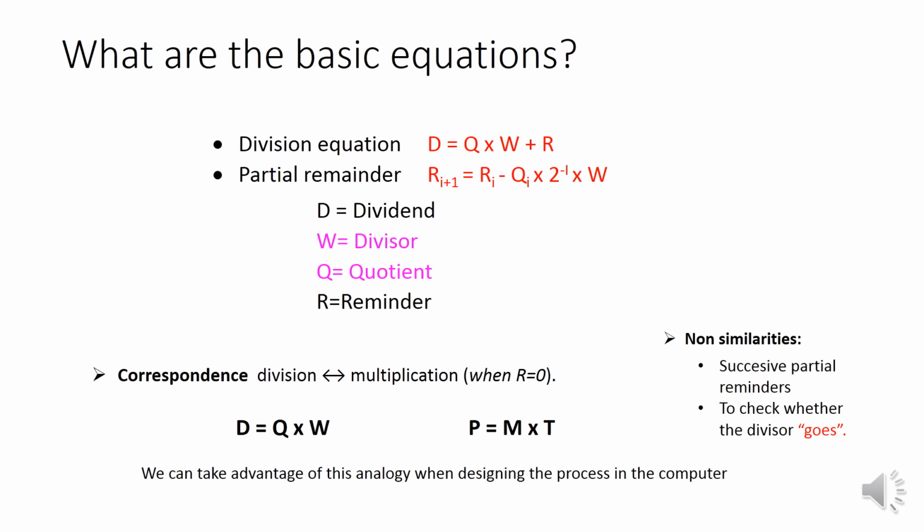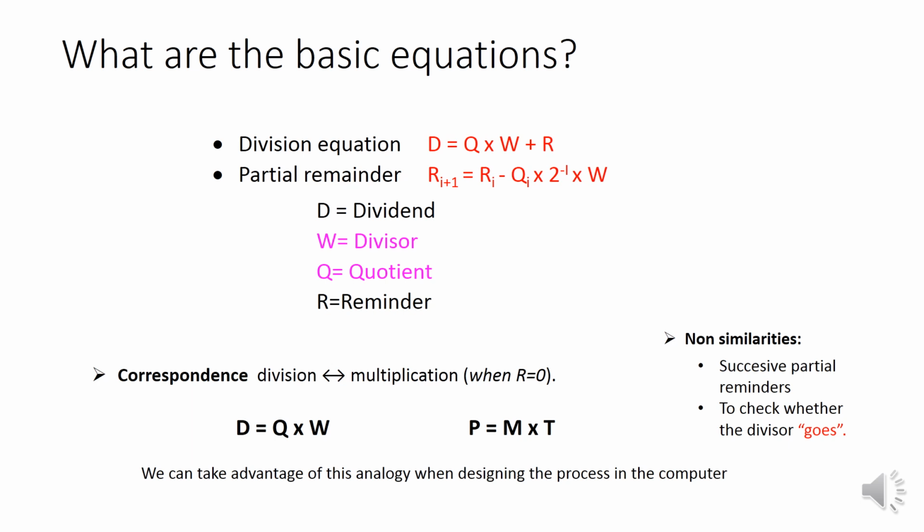But in the equation of the partial remainder, where does this 2 to the power minus 1 come from? The answer is that it comes from the process of shifting right the divisor bit by bit.